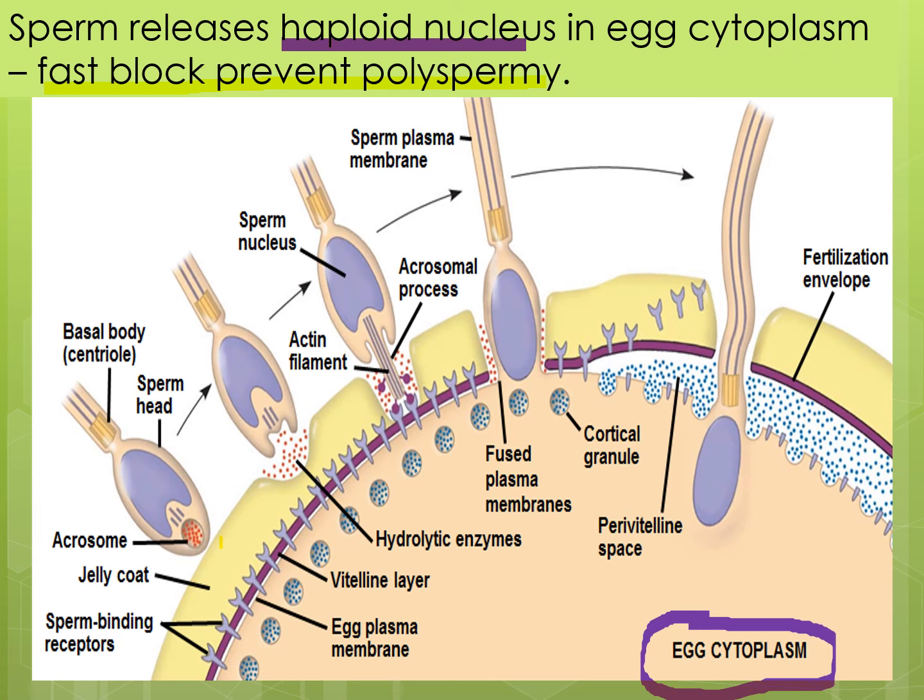And it does this by ensuring that these sperm binding receptors fall apart so that no other sperm may release its nucleus into the egg cell. And that brings the first stage of fertilization, called the acrosomal reaction, to an end.